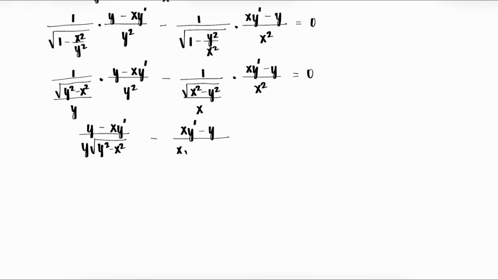So that would be x square root of x squared minus y squared equals 0.